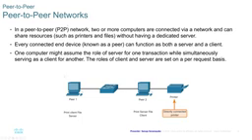Every connected end device, known as a peer, can function as both a server and a client. That is a key feature of a peer-to-peer network. One computer might assume the role of server for one transaction while at the same time serving as a client for another.